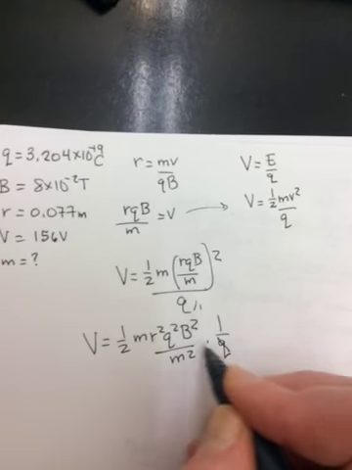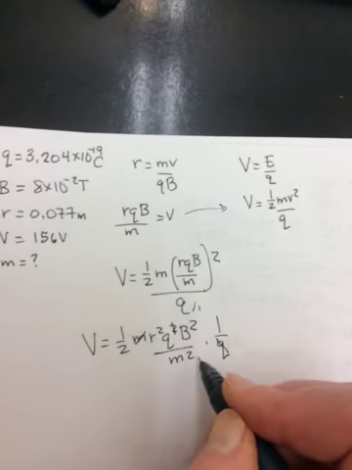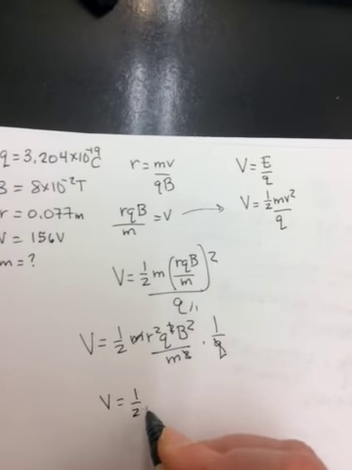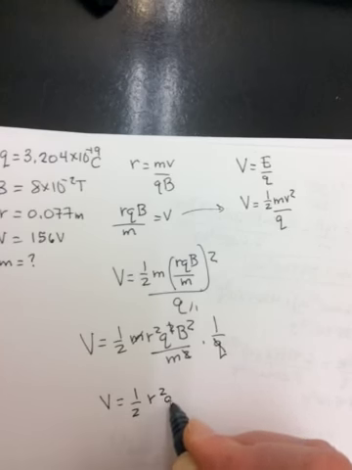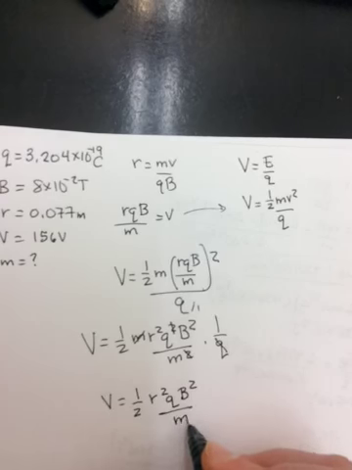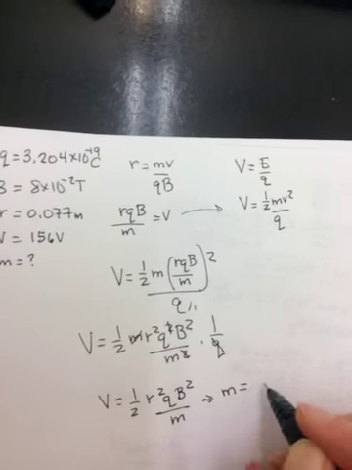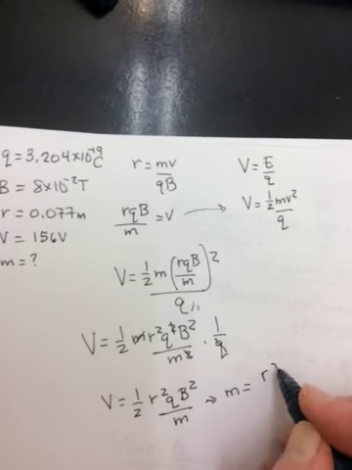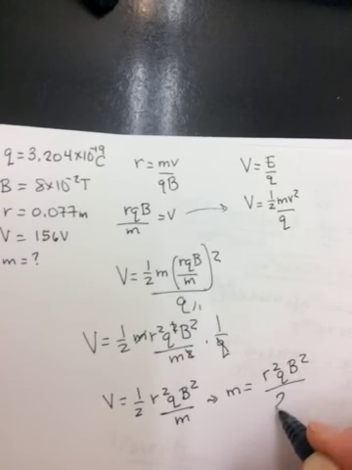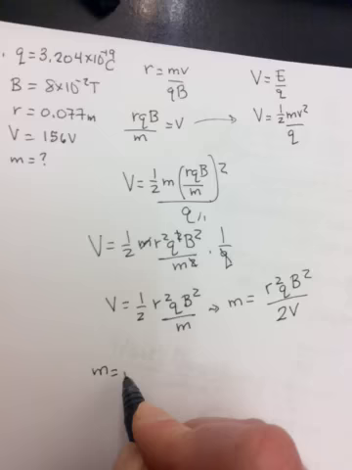This Q will cancel one of the squared, and this M will cancel one of the squared. So we'll have V is equal to 1/2 R squared q B squared over m. We're trying to solve for m, so m will be equal to R squared q B squared, and instead of writing it as 1/2, I'm going to write it as 2V down here.